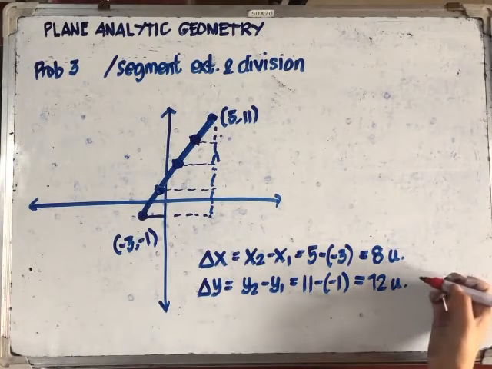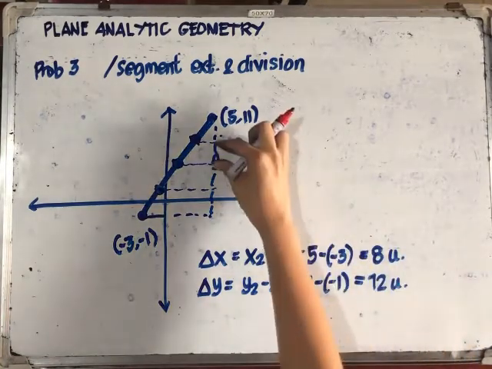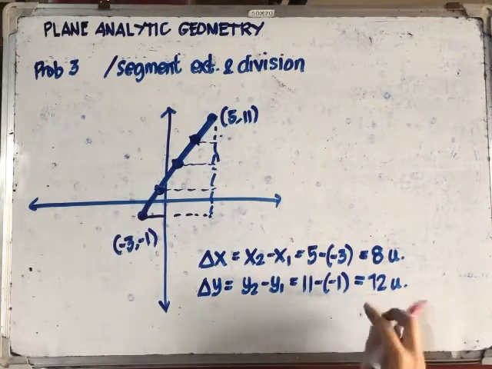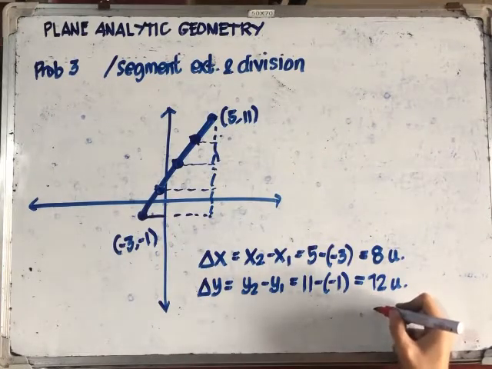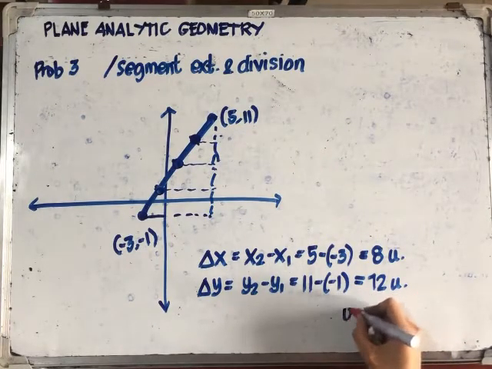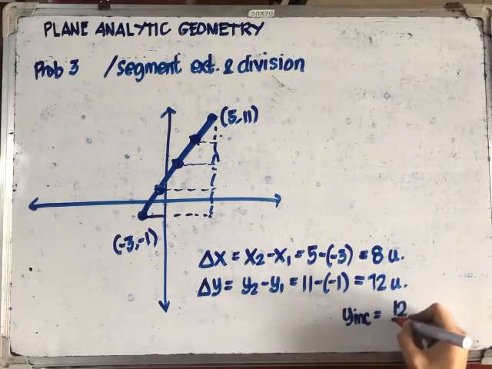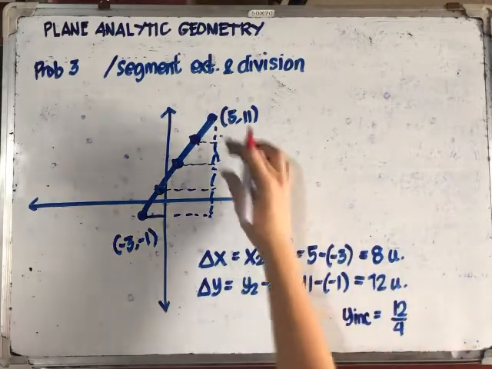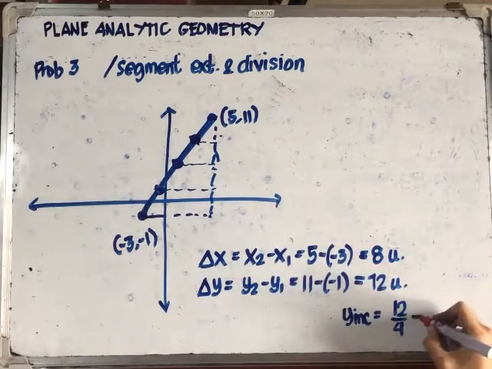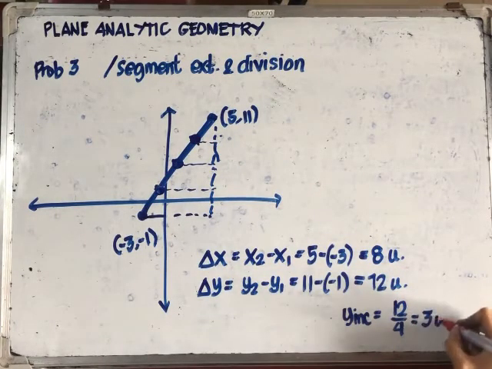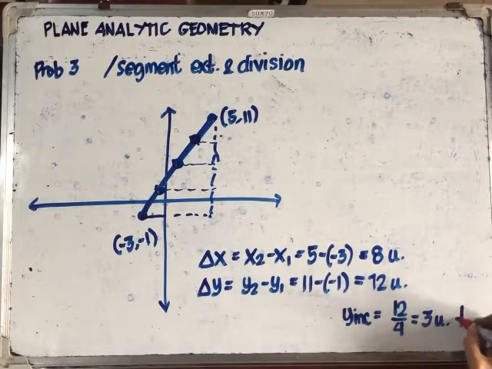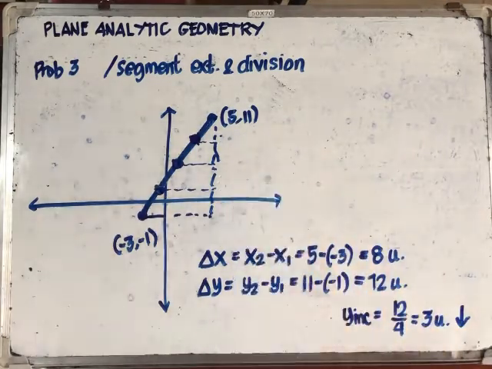Right? So, every increment here would mean 12 divided by 4. Right? So, y increment is 12 divided by 4 because 4 parts is the division that happened here. And that would be 3 units downward with respect to (5, 11).